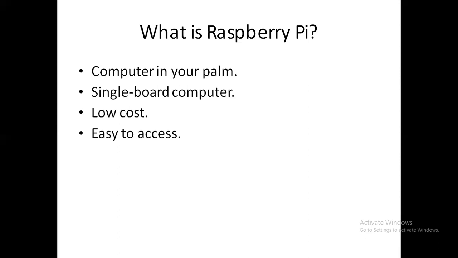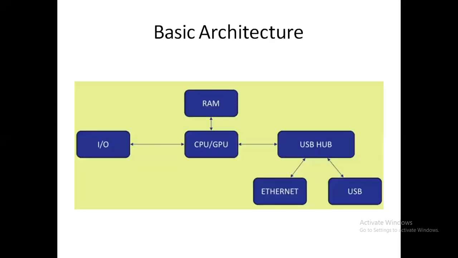Coming to the next slide, that is the basic architecture. In this basic functional architecture of Raspberry Pi, at the center you have the CPU or GPU. You have various input output ports connected to it.